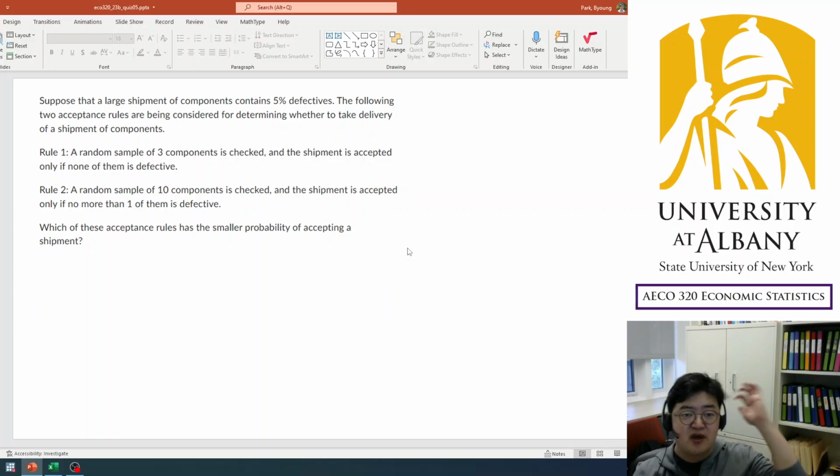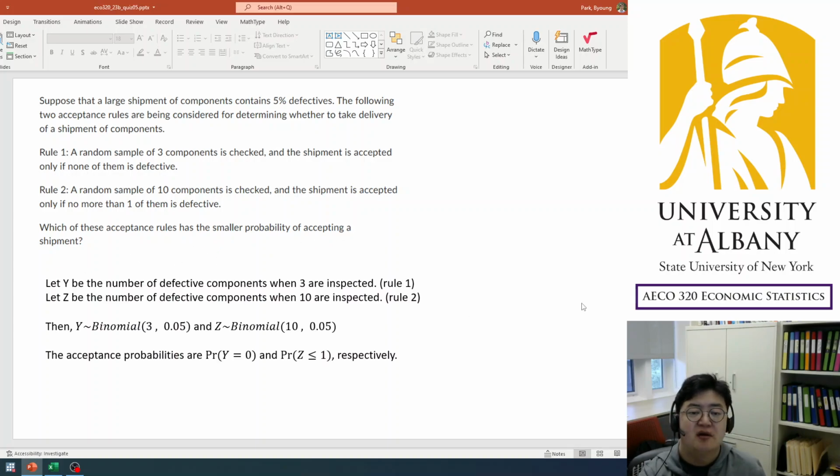So it's interesting. Rule 1 checks only 3 components, but does not allow any defective parts. But rule 2 inspects more, like 10, but it allows 1 defective part. Then which is more strict? Basically, that is the smaller probability of accepting a shipment. We can apply the binomial distribution again here.